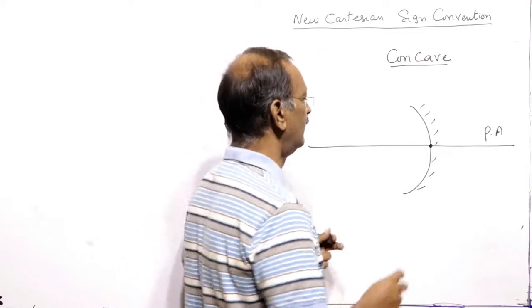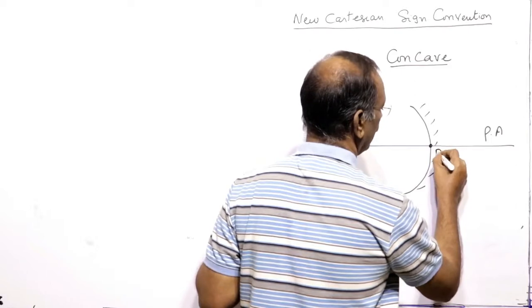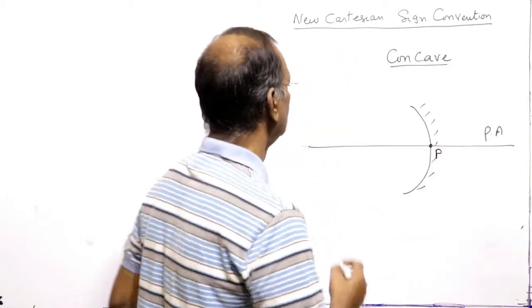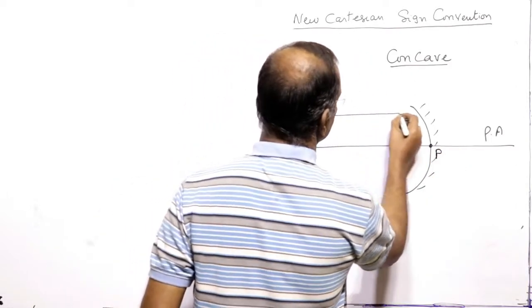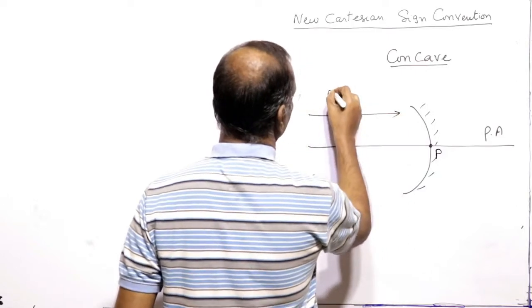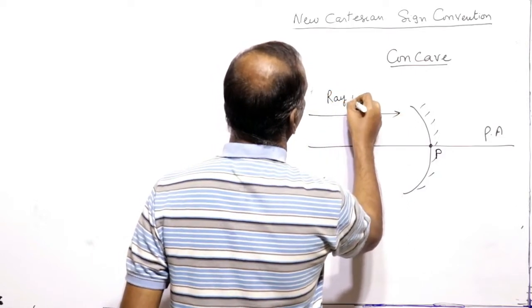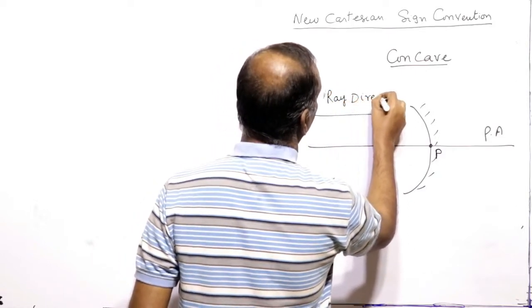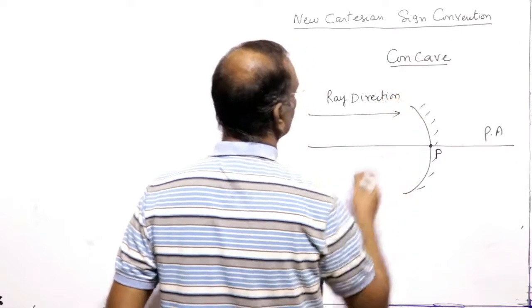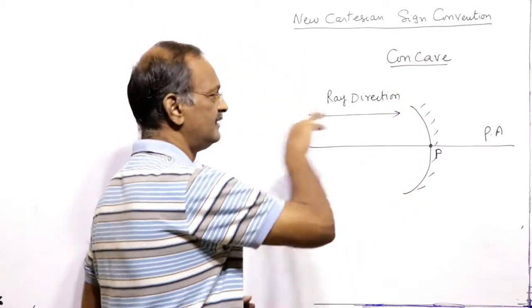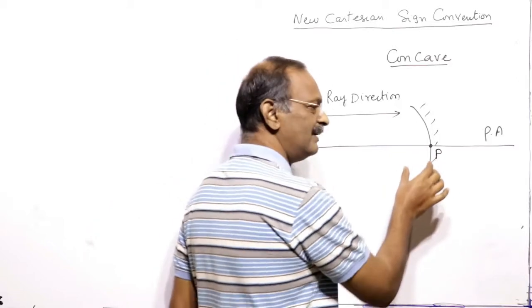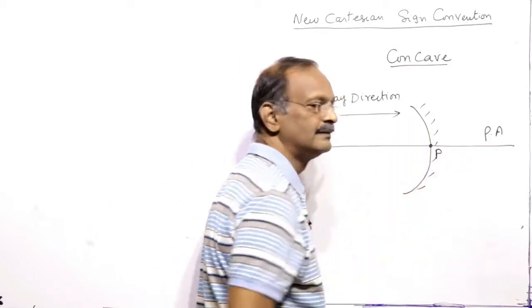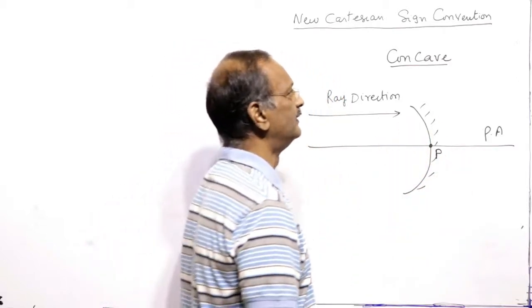All the distances are measured from the pole. This is the ray direction. So the ray direction is in this way. For measuring the distance, the pole is treated as the origin.